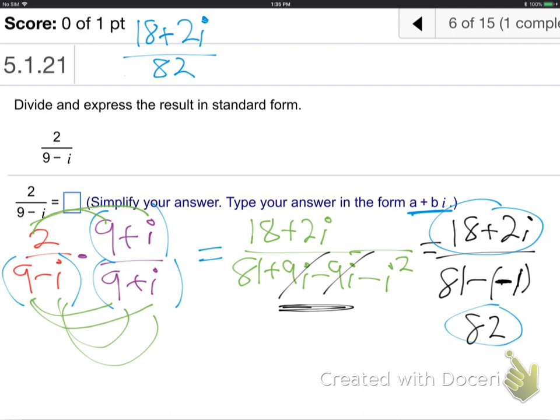I can't leave it that way. Type it in that way, it'll give you the "although" message. Have you got the "although" message before? Although your answer's right, we ain't giving it to you. No, they don't quite say it like that, but that's really it. Although it's equivalent to the real answer, we don't like the format. They want it separate. So they want you to say 18 over 82 plus 2i over 82. Will they want it simplified though?